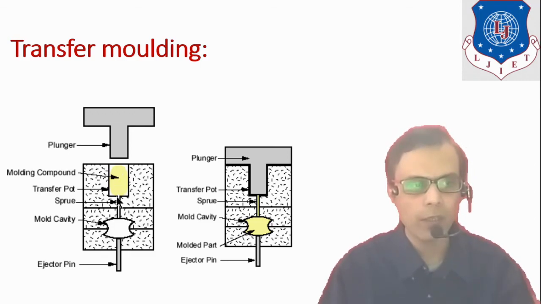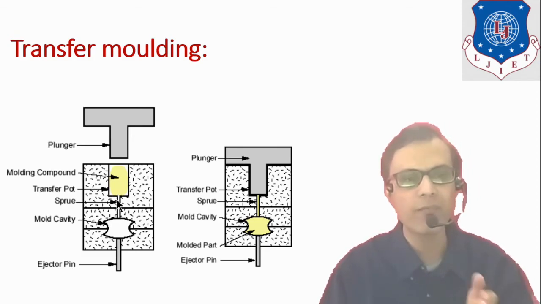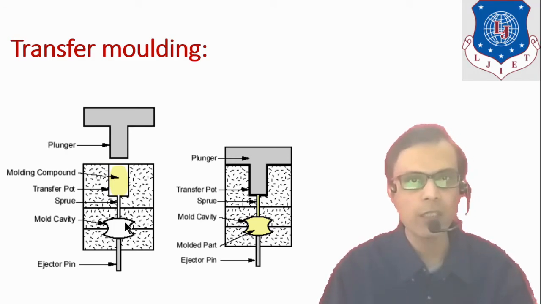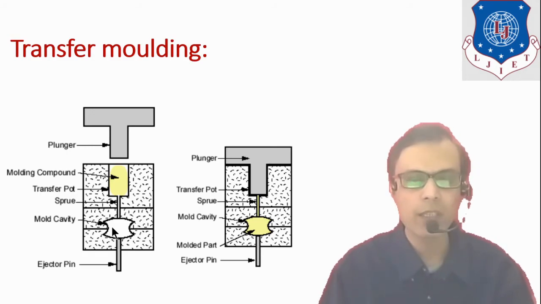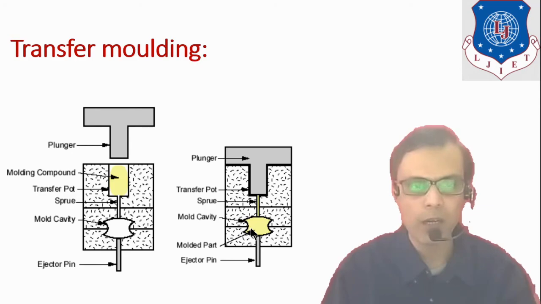It is also preheated, and it is shown by this light yellow color here. So it is a transfer pot, and this part is known as a sprue, through which the molten material will flow to the mold cavity. Here it is a mold cavity, and you can see the shape of this mold cavity because the required shape of the product is like this. So that exact shape is given to the mold cavity. In second diagram you can see how this part is produced.